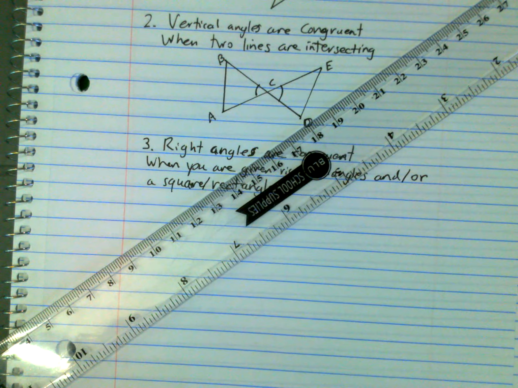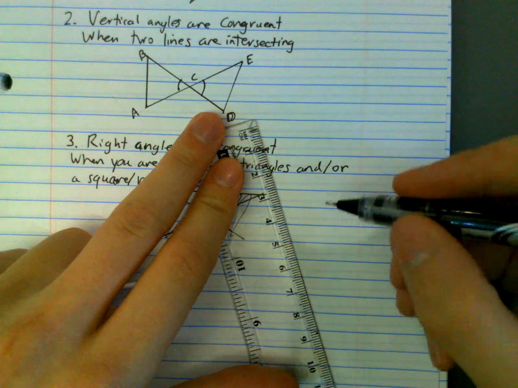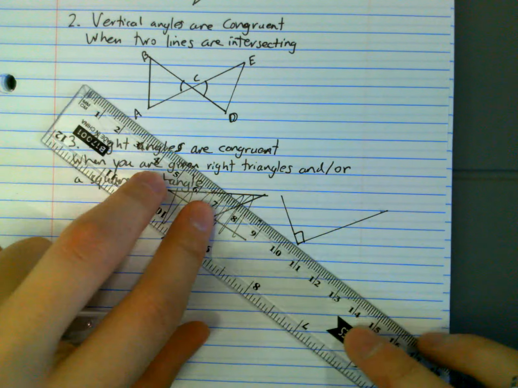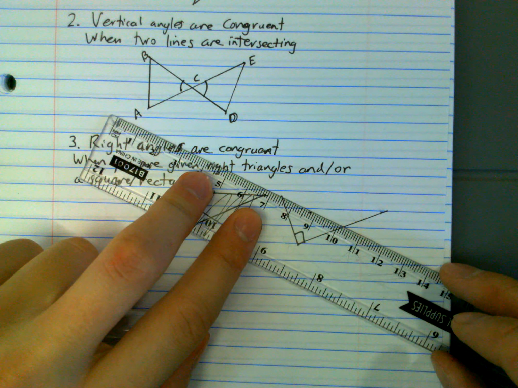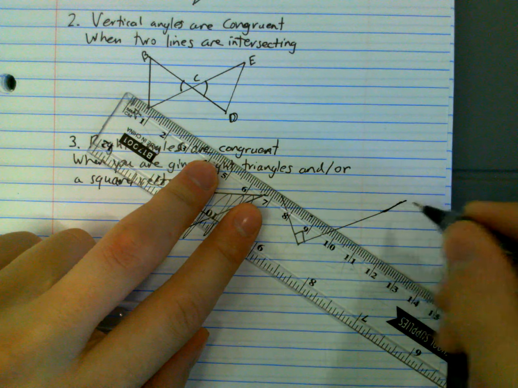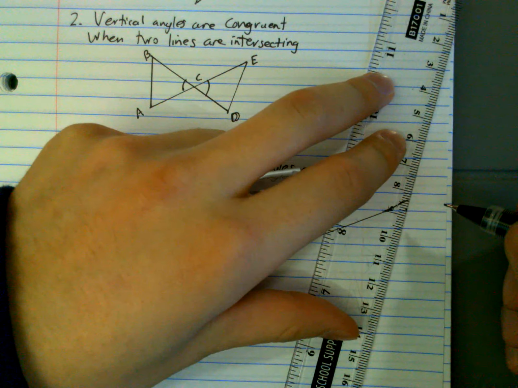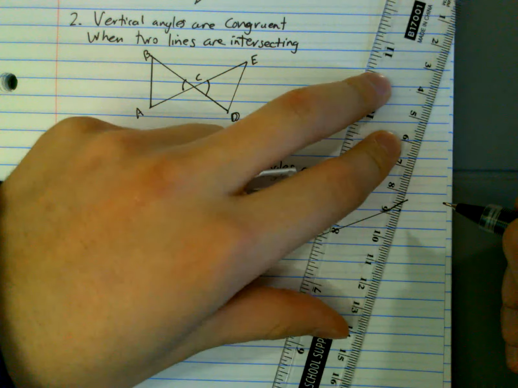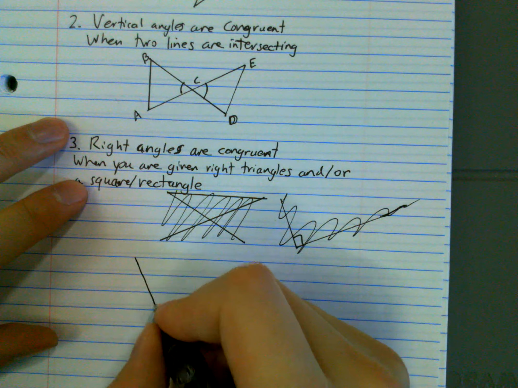I messed up on that one. So we'll do it this way. I wish I had a protractor. I can't draw this today. I'm freehanding it.